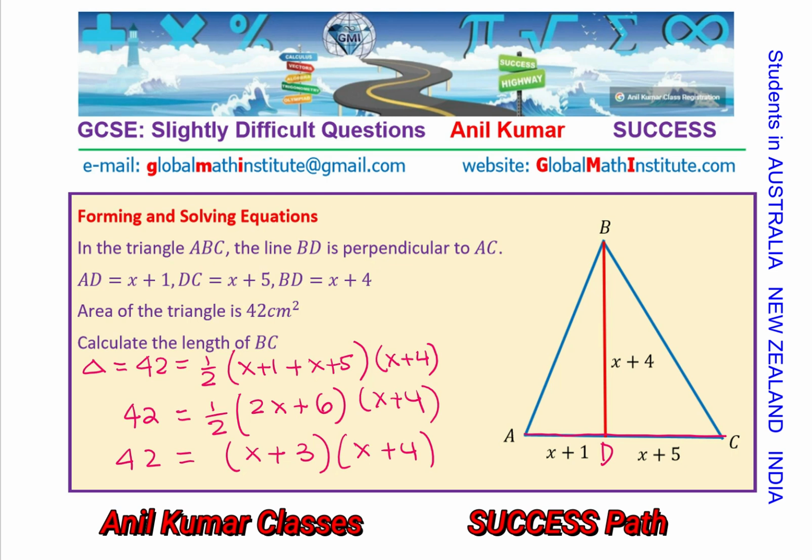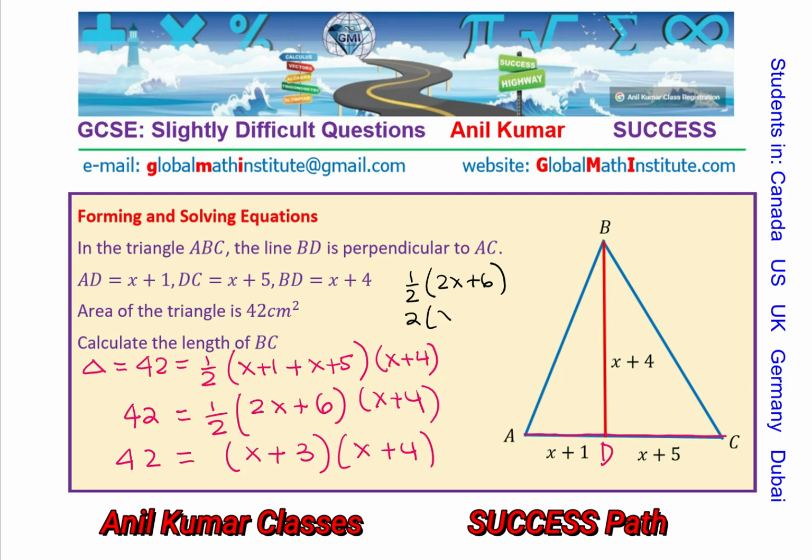So what we did was we opened this bracket, half of 2x plus 6. You get the idea? So 2x plus 6, you could take 2 common, x plus 3. Makes sense? And this was times half. And that is how we get this step. Perfect. I hope this step is absolutely clear.